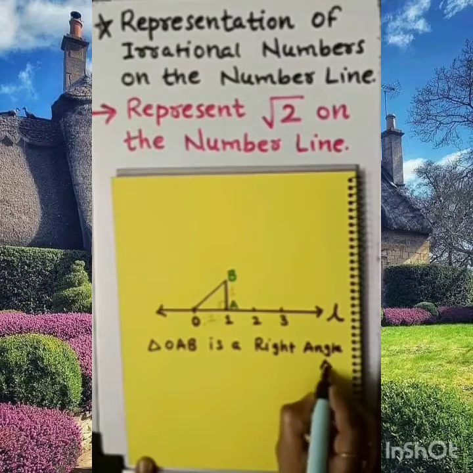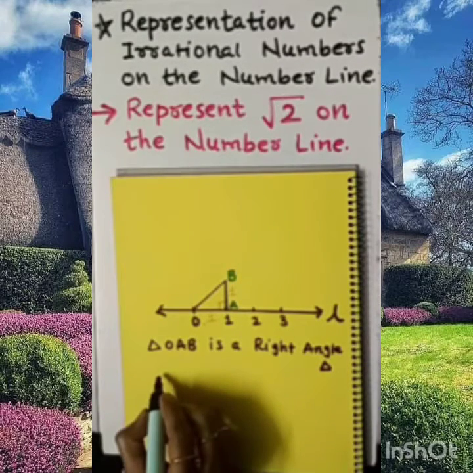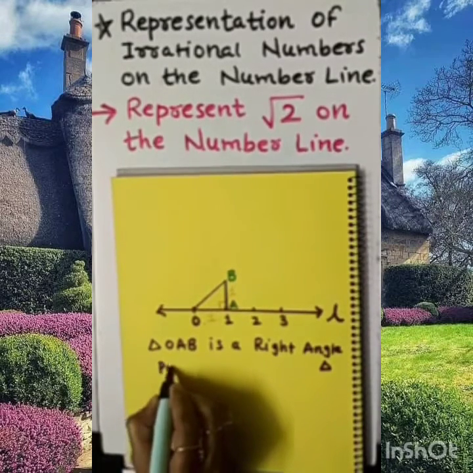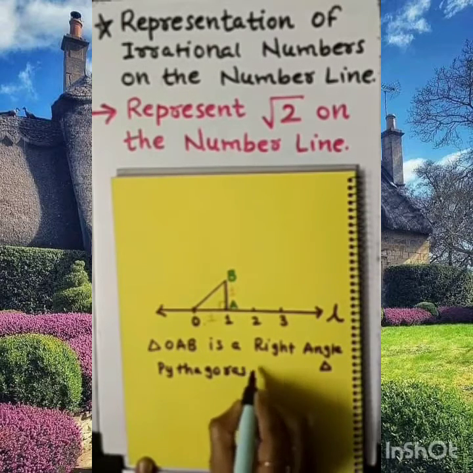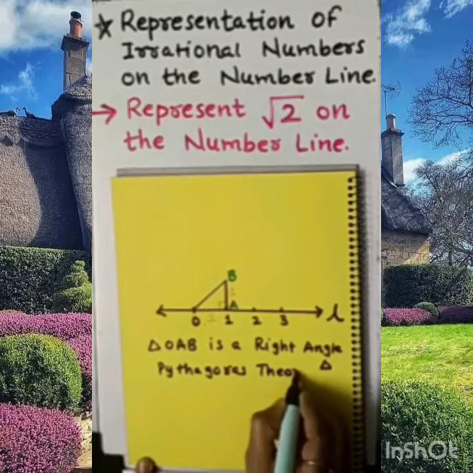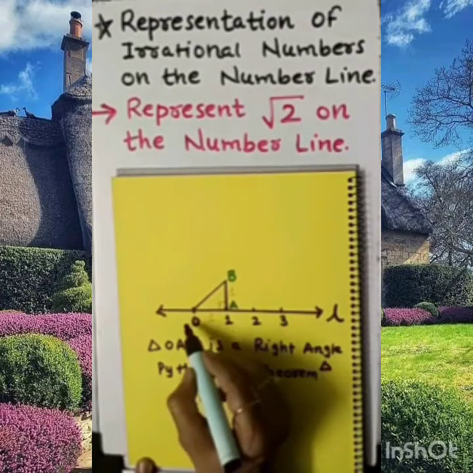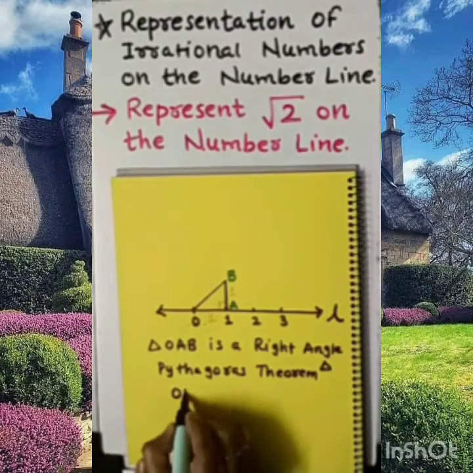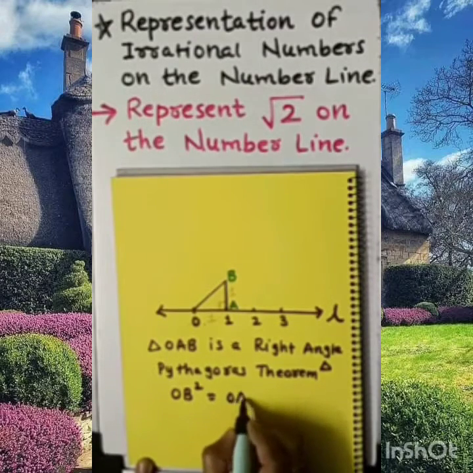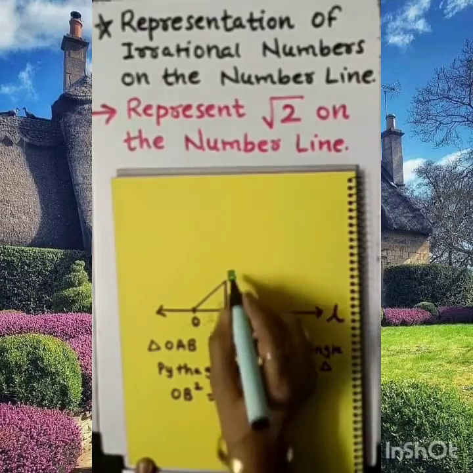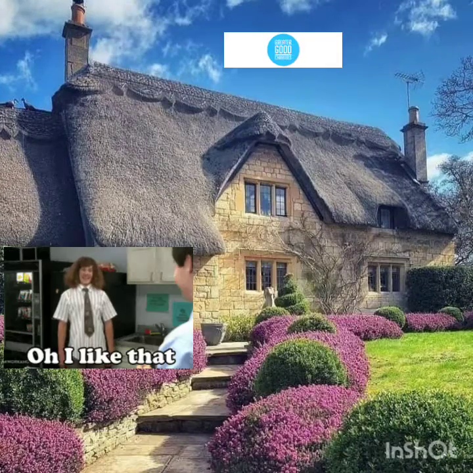Right? So dear student, here we are going to apply the Pythagoras theorem. What does the theorem say? It says that OB square equals OA square plus AB square. So in that I am going to put the values.